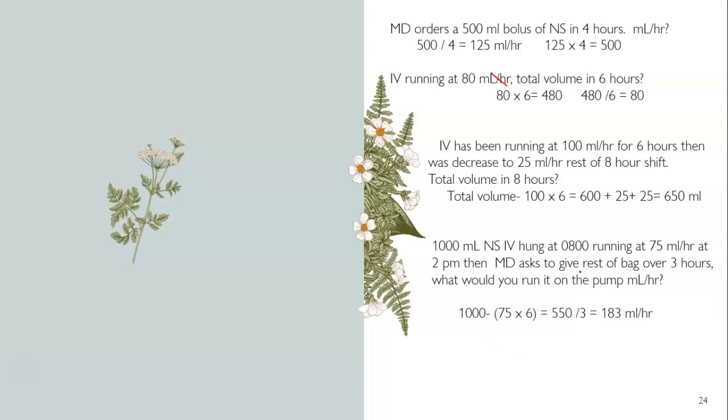Can you just run the rest of that bag here over the next 3 hours? I said, certainly, sir. And I pull the bag, and I see that there's 550 in it, and he wants it to go in the next 3 hours. Then I'm going to need to increase the pump from 75 mils per hour to 183 mils per hour.